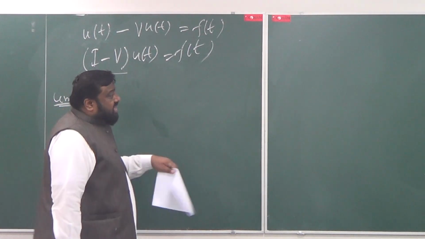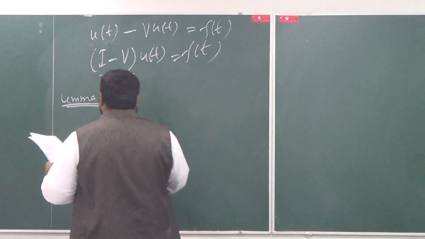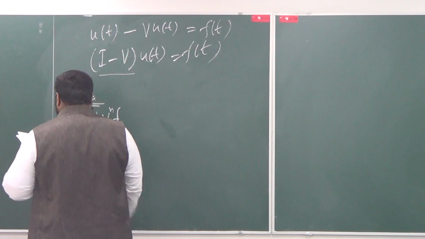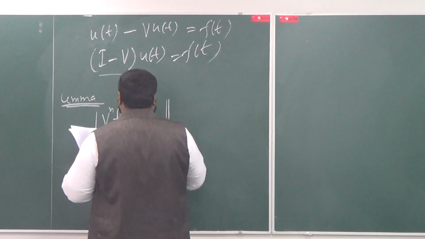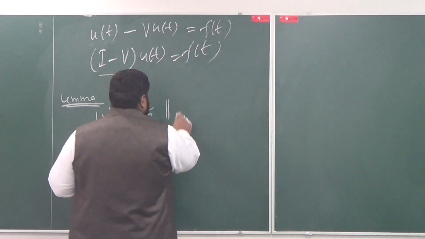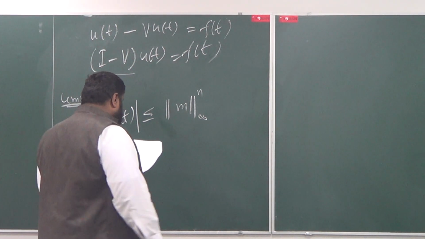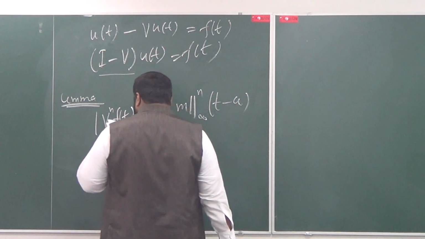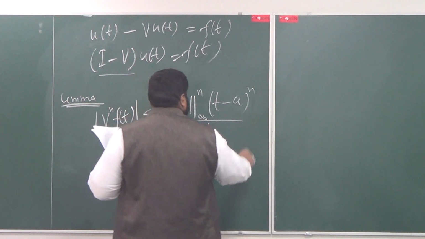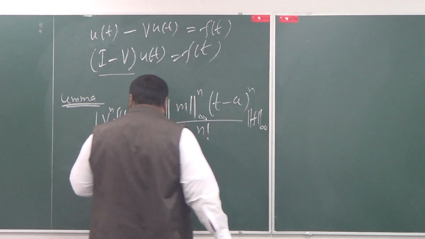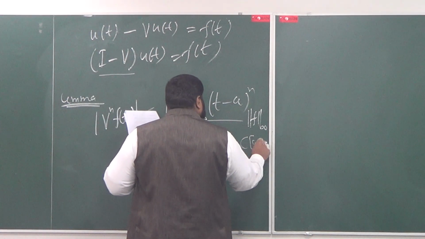With all this notation M and V, we can show that V^n applied to f(t) can be estimated by M to the n, its infinity norm, times (t minus a)^n over n factorial times the infinity norm of f, for all f in C[a,b].